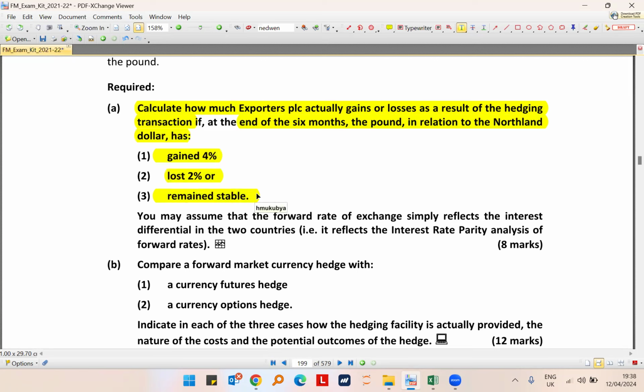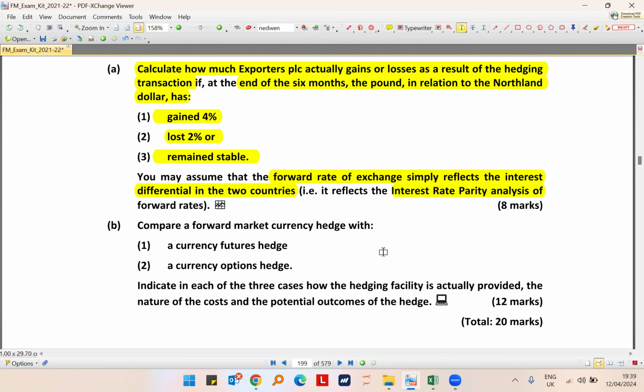They say you might assume that the forward rate reflects the interest differential in the two countries. So here they are telling you to use interest rate parity, which is one of the formulas given to you in the exam. That is part A for 8 marks.